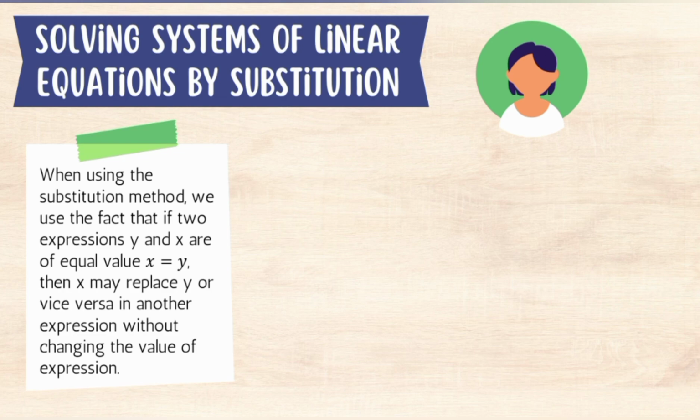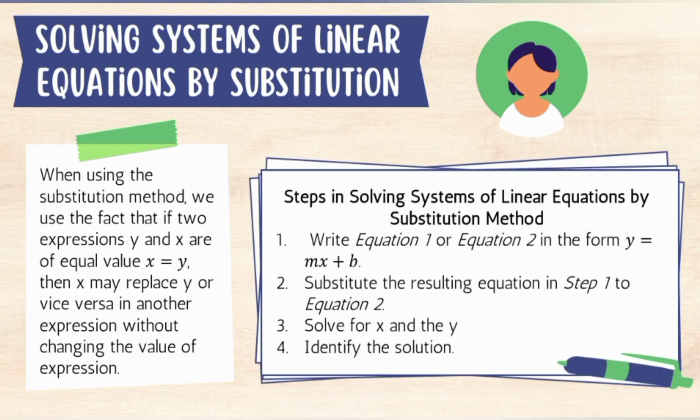When using the substitution method, we use the fact that if two expressions y and x are of equal value, x = y, then x may replace y or vice versa in another expression without changing the value of the expression. So the immediate goal in using this method is to obtain one equation containing only one variable.